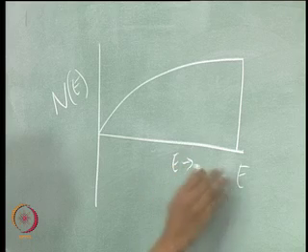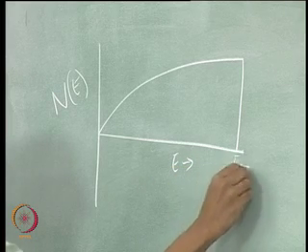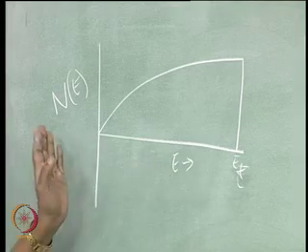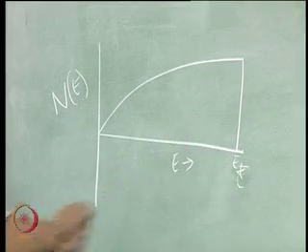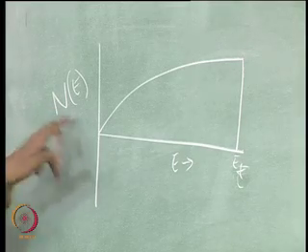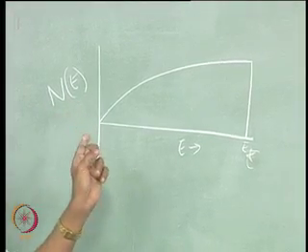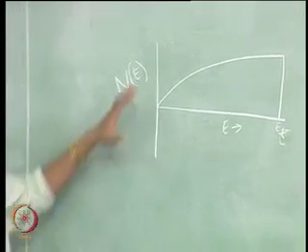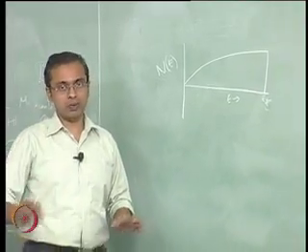So this is energy and this is E equal to EF. So this is the density of occupied states, this is what we drew, and this represents the states of the electrons. Now I also said that we included spin in it, so we actually had 2 times this number of electrons. So this is the density of occupied states, the actual number of electrons is twice this, and that is because you have spin up and spin down.